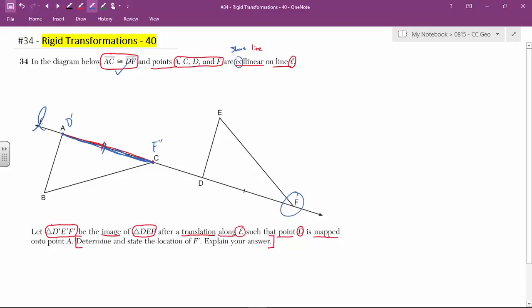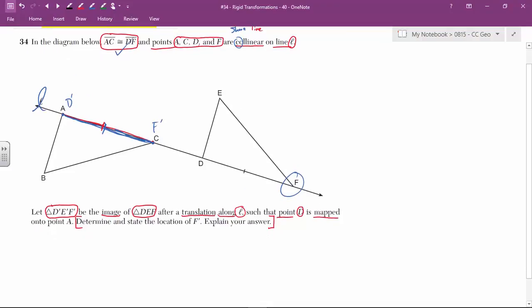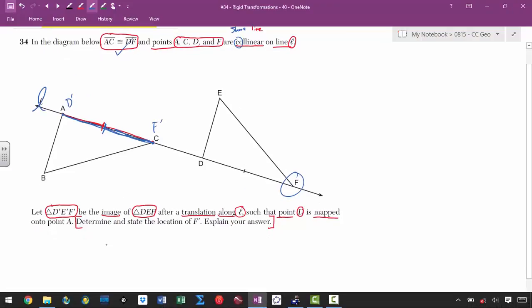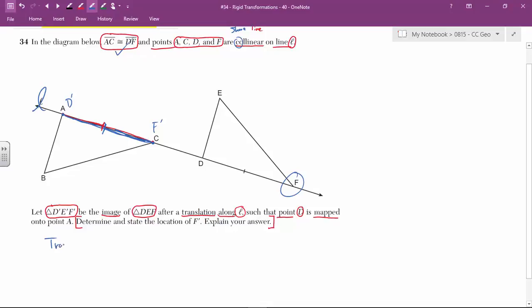You need to be able to explain it. The first thing you're going to say is the transformation we did: a translation. Translation preserves length, or distance, whichever one you want to say, given that AC is congruent to DF.